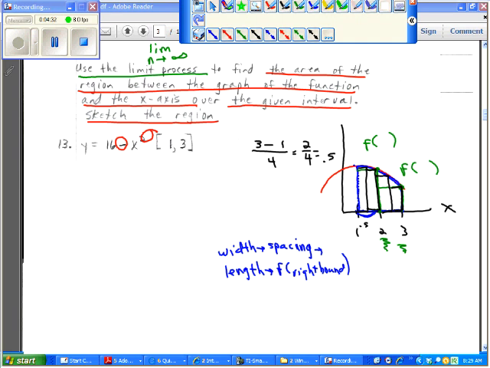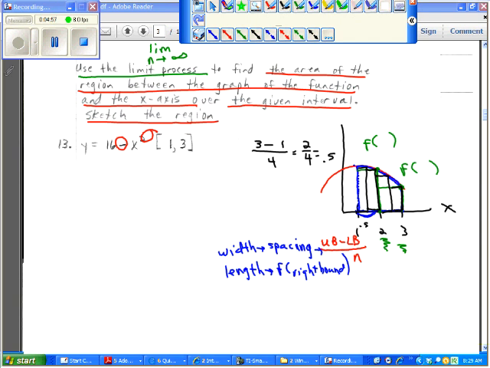If I'm running from 1 to 3 and I have 4 rectangles in there, you can see that we can find the spacing or the width by taking the upper bound minus the lower bound divided by the number of rectangles.